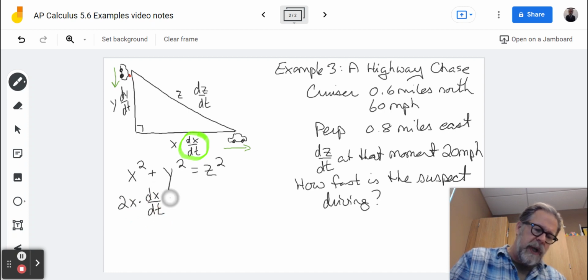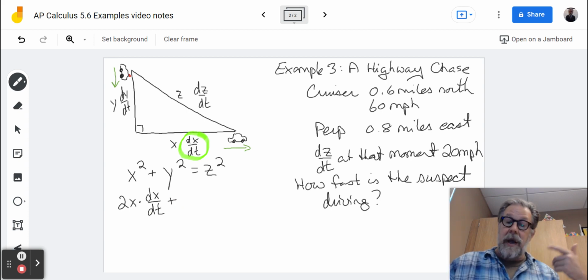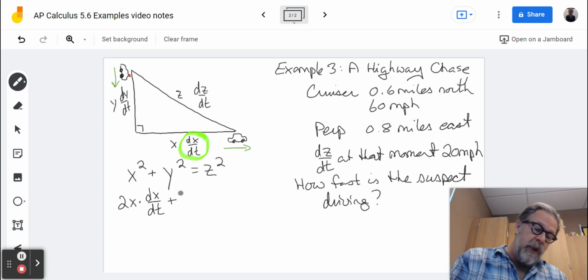Remember, chain rule says that we are taking the derivative of everything with respect to time. The derivative of y squared is 2y dy/dt, again chain rule. And the derivative of z squared is 2z dz/dt.